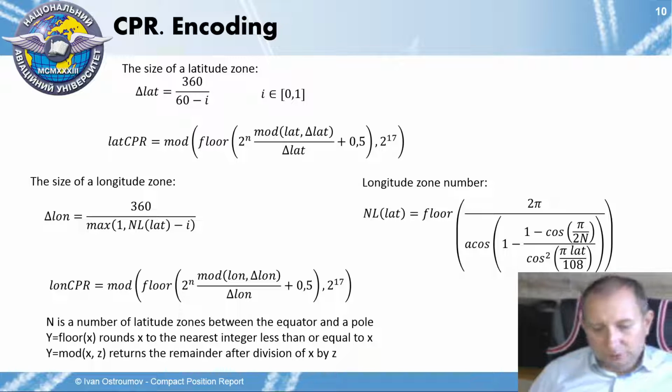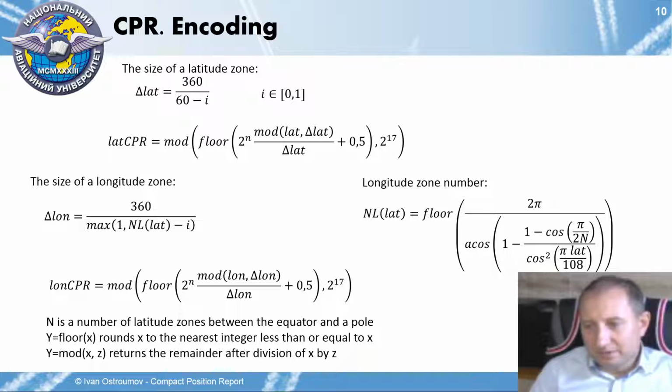That's why usually we transform everything into a compact form. And CPR is a quite good idea to pack our geolocation data into a small size without losing the data.